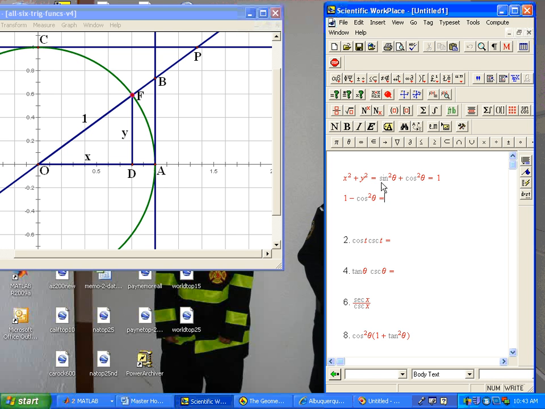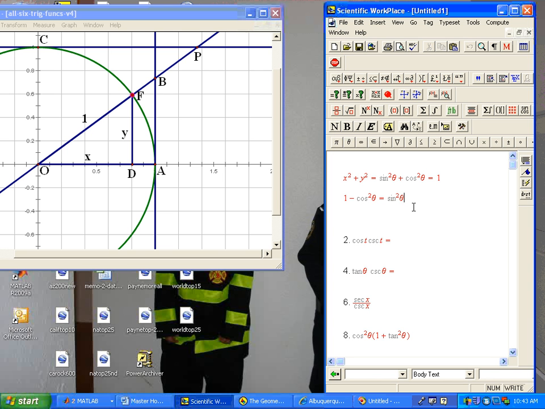If you take sine squared plus cosine squared equals 1 and subtract cosine squared from both sides, the other side just becomes sine squared. So that's another form of the same identity. It's easy to manipulate, but the key is to recognize it really quickly and not get stuck.